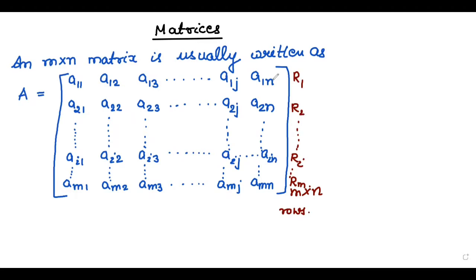And the columns are n. These are C1, C2, C3, then Cj, and the last is Cn. So the number of columns is n here.